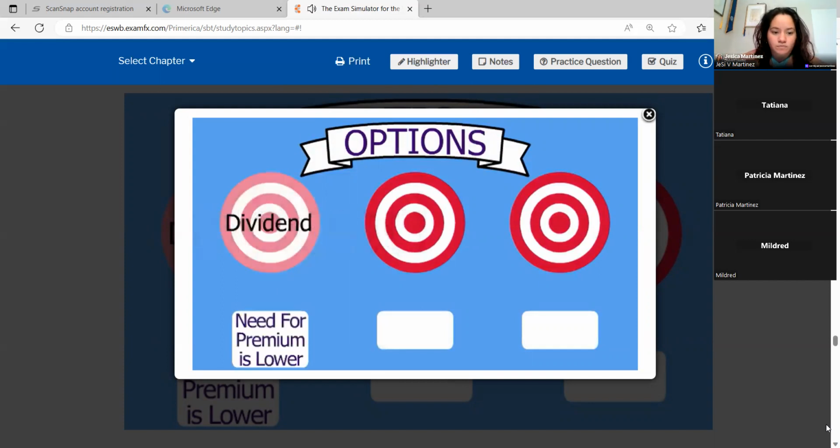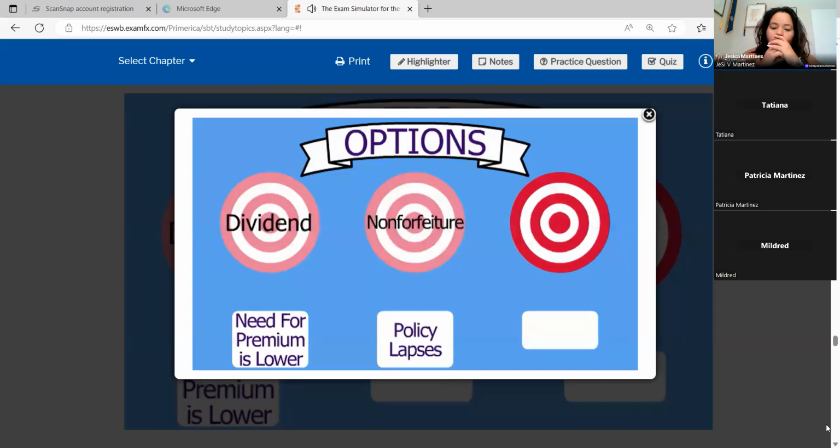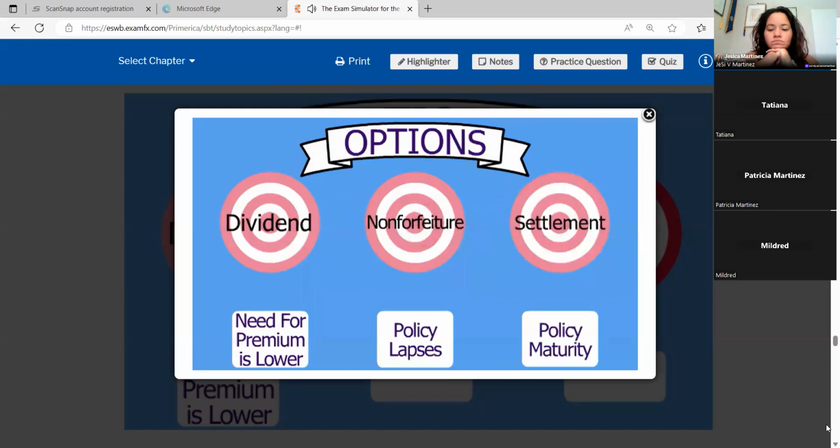When the insurer's actual need for premium is lower than what's being paid into the policy, dividend options become available. If a policy lapses or is surrendered by the insured, non-forfeiture options can be exercised. Policy maturity, whether at death or endowment, triggers settlement options. If no other dividend option is chosen, the insurer will automatically use paid-up additions to increase the death benefit of the original policy by the amount the dividend will buy.